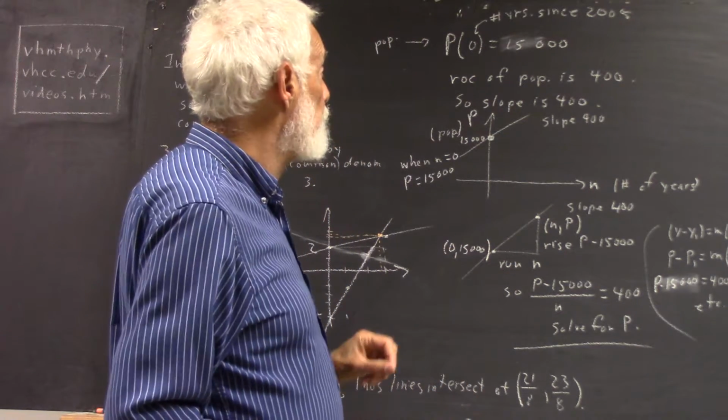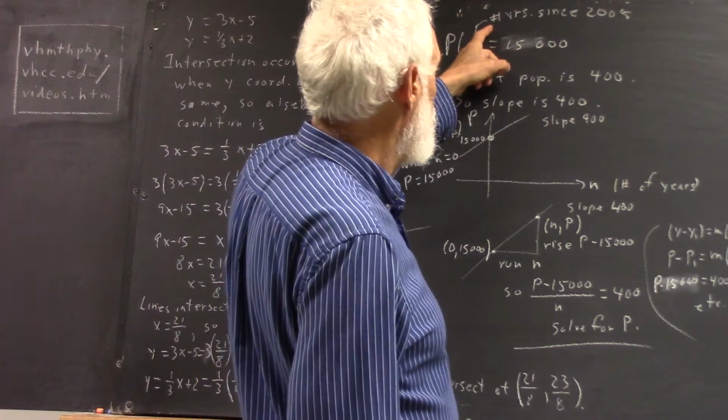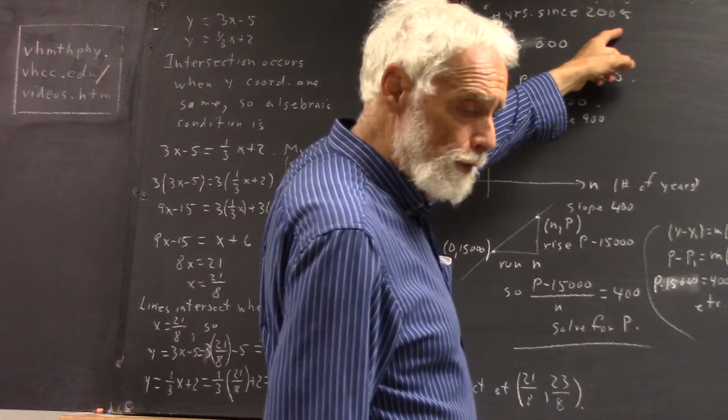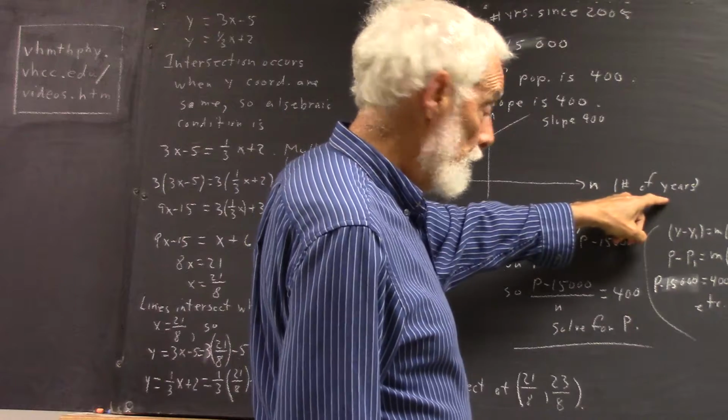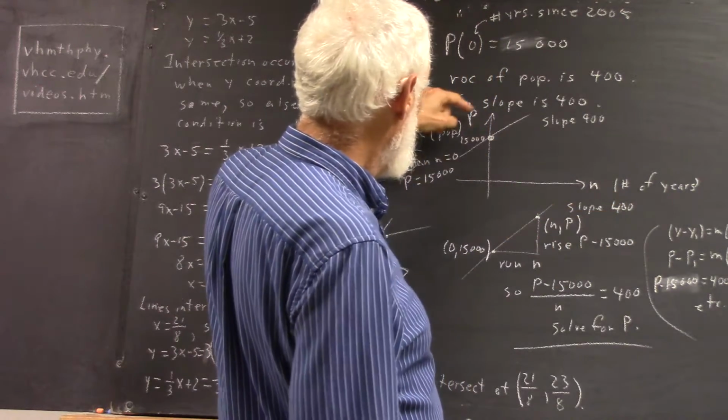Let's interpret that in terms of a graph of population versus the number of years. First of all, we'll count our years starting in 2005. And let's let n be the number of years and p the population.